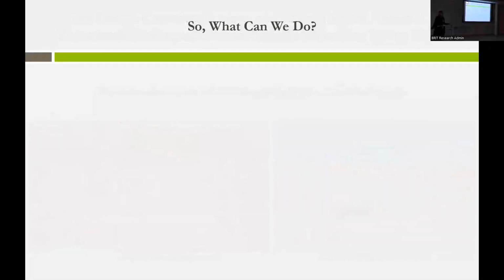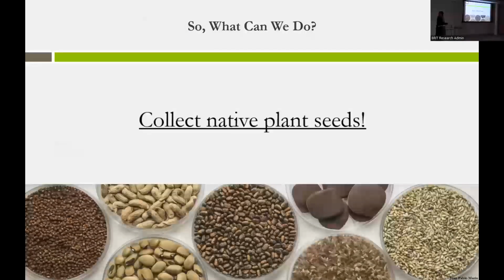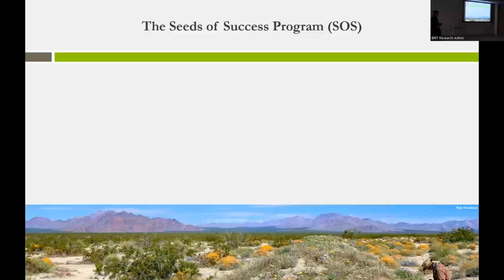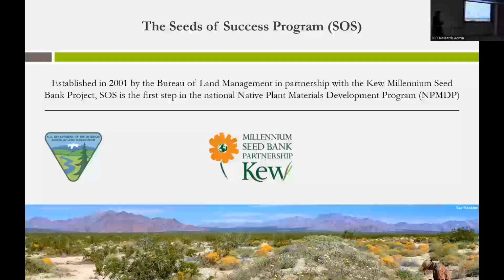So what can we do? Well, as I kind of alluded to already, we can collect native plant seeds, right? And that's where the Seeds of Success program comes in. It was established in 2001 by the Bureau of Land Management in partnership with the Kew Millennium Seed Bank Project.